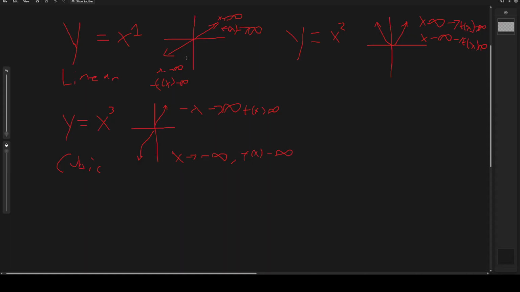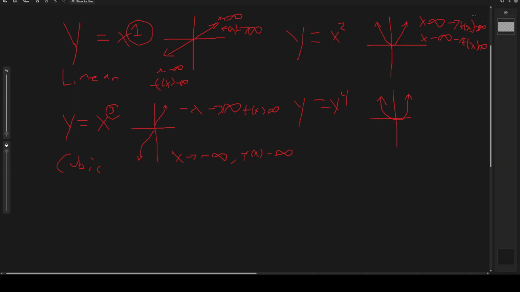And you're going to start to see a pattern with odd and even exponents for the functions. See how when it's odd, it's going to have this end behavior, but when it's even, let me just give you an example. If we have x to the power 4, we can imagine it's going to look something like this, but maybe slightly different, like something like that instead.